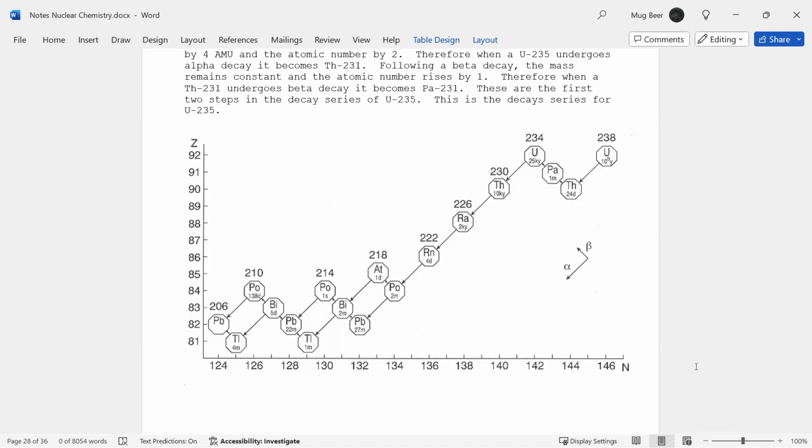Less neutrons. These isotopes are getting lighter and lighter as I move this direction. What about as it falls along the y-axis? Less protons. So I lose mass, I lose protons.